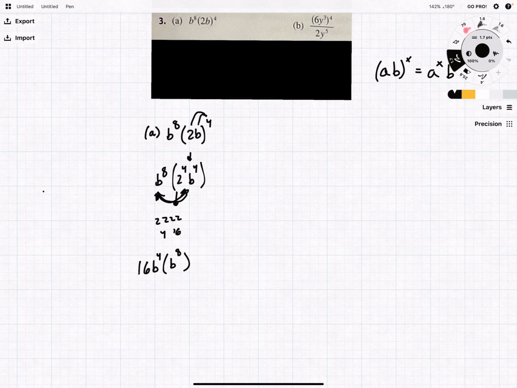Now when we are multiplying, we have 16 b to the 4th times b to the 8th. Using law of exponent number 1, that's the same as b to the 4 plus 8, which equals 16b to the 12th. That's our answer for number 1.